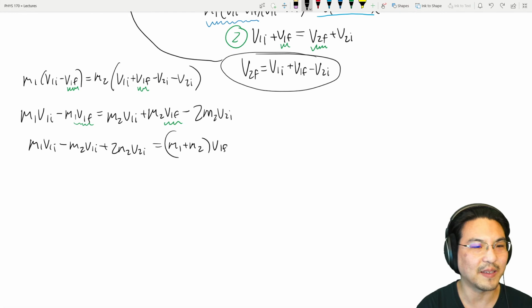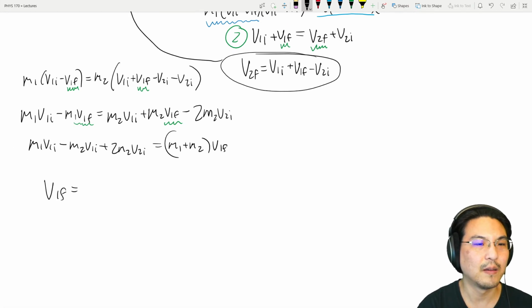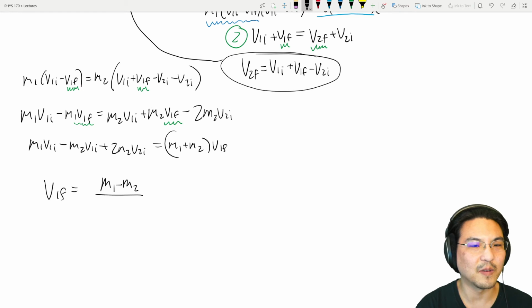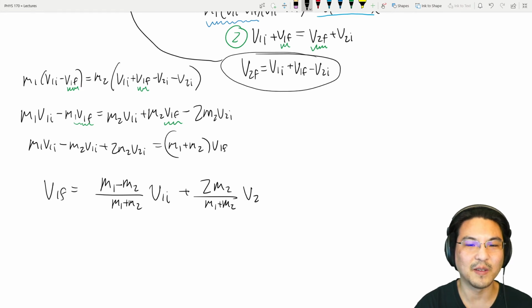Let's see, how about I gather terms right here? So that would be M1 minus M2 over M1 plus M2 V1 initial, and then this 2M2 over M1 plus M2 V2 initial.